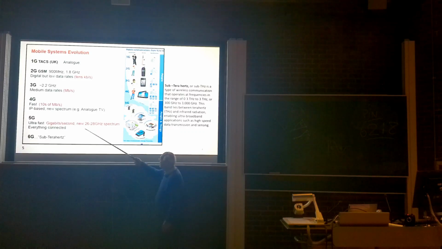And it uses new spectrum. We'll see a little map of the spectrum in a minute, but that gives you some idea of what it is used for. It is beginning to be the internet, or the IoT, everything interconnected type of arrangement, gigabits per second.